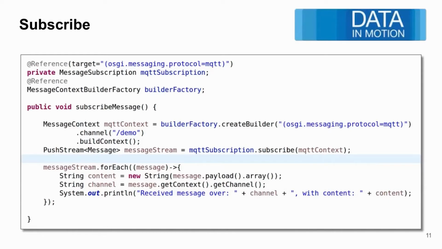This message subscription interface is also straightforward. It has a method that accepts the message context, which is a subscription configuration, and returns a push stream of messages. Each message that arrives on the configured channel will then be published in the push stream.